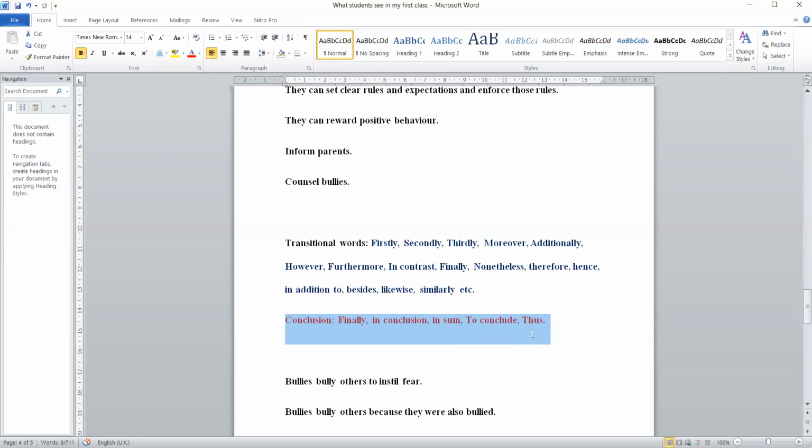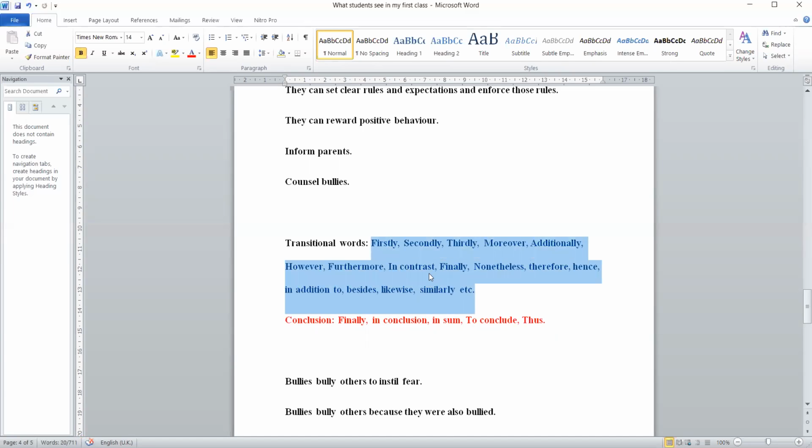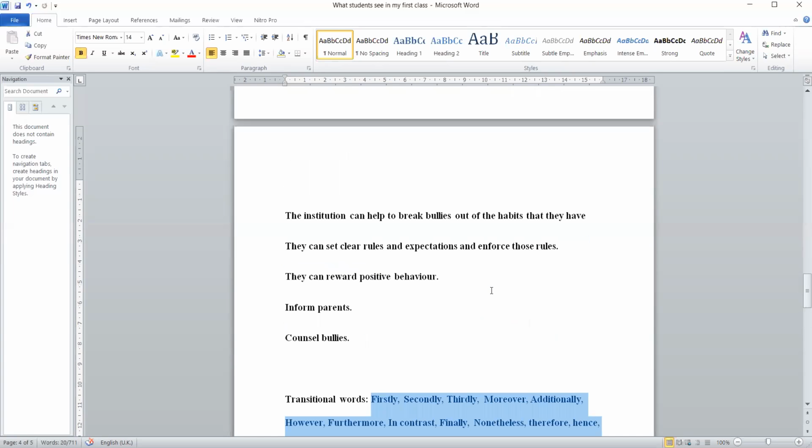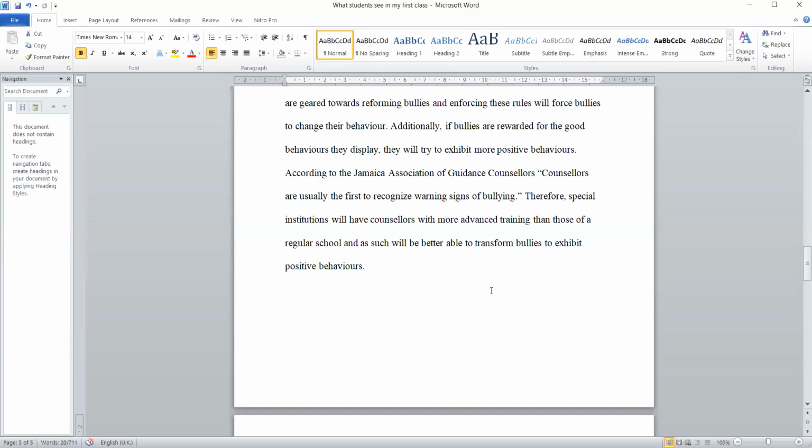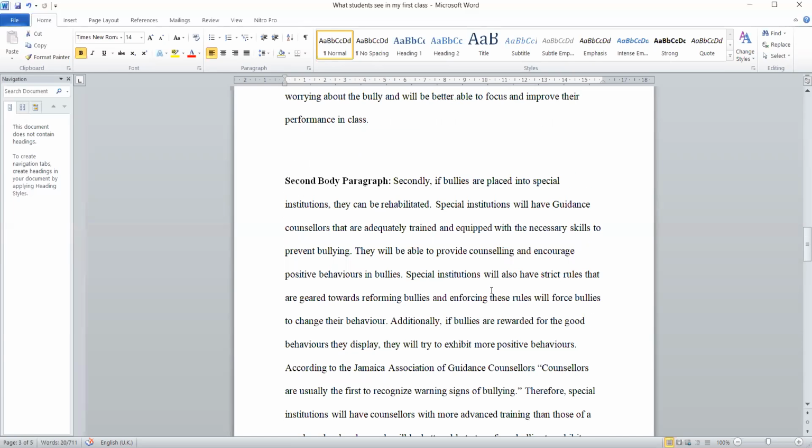And you have other words that you can use as well. And these are just some other transitional words that you can use in the body paragraph. So firstly, secondly, moreover, furthermore, likewise, etc. All of these you can use in any paragraph. And you should always try to use one transitional word for each paragraph.